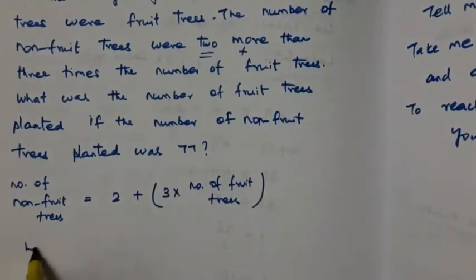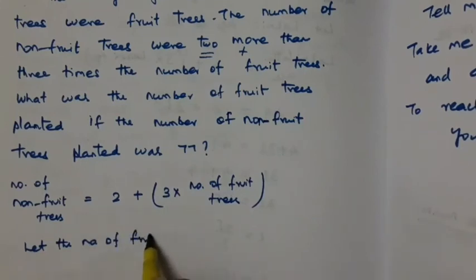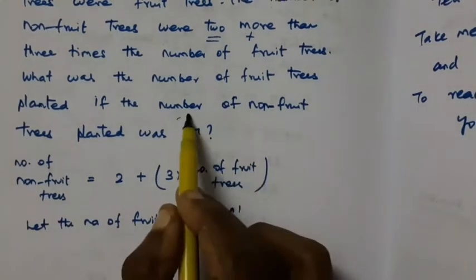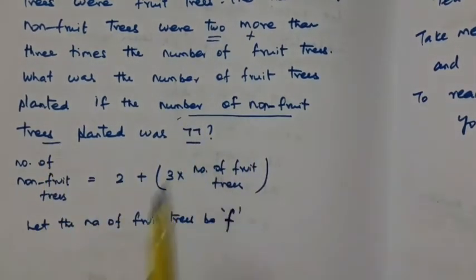Let the number of fruit trees be F. They have said the number of non-fruit trees planted was 77.